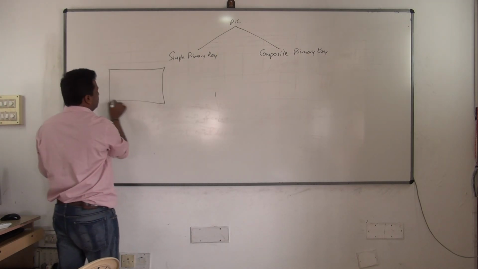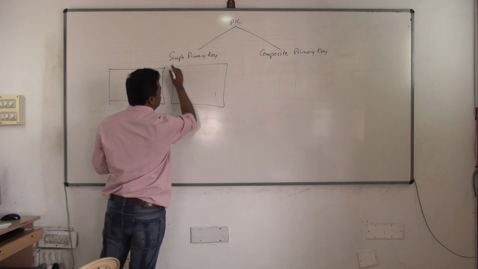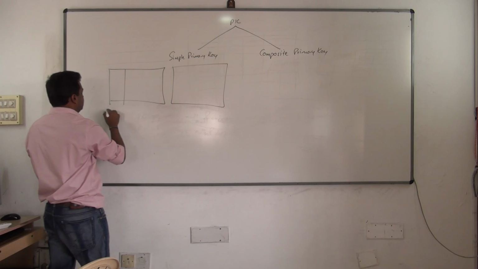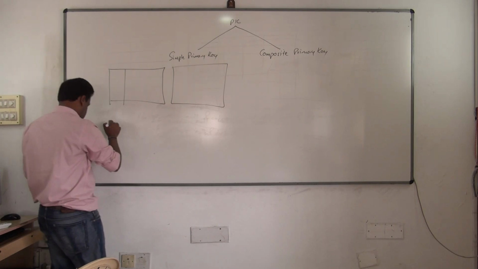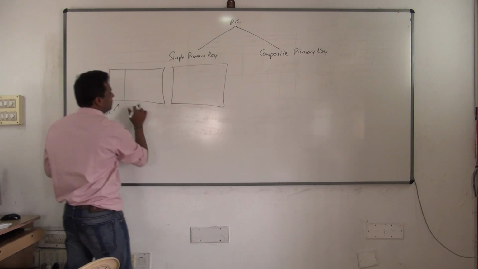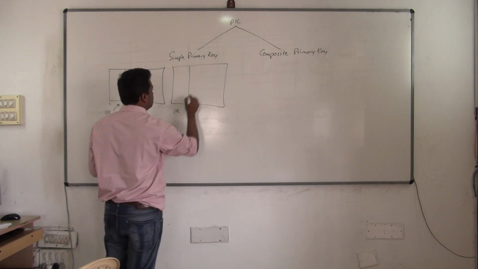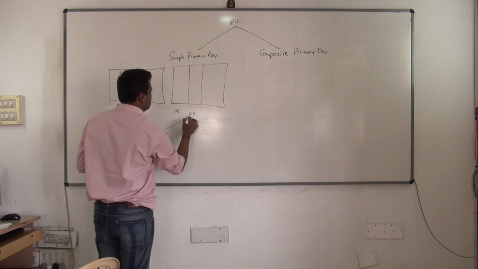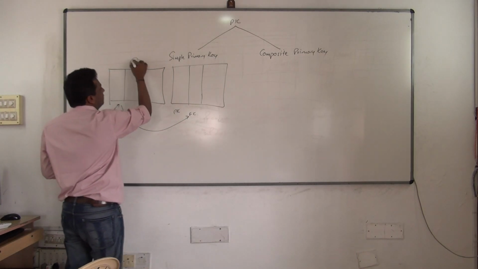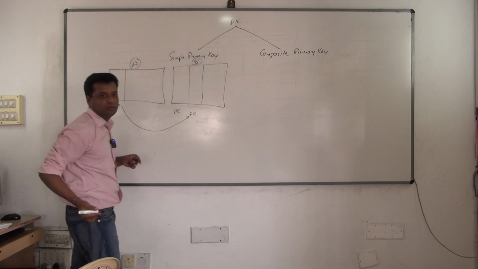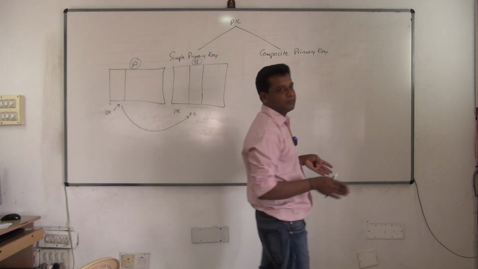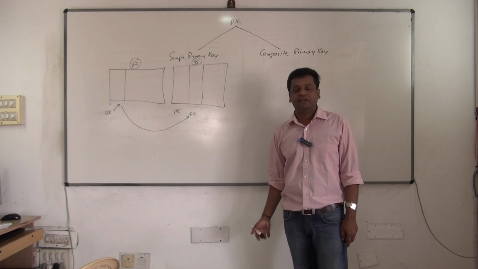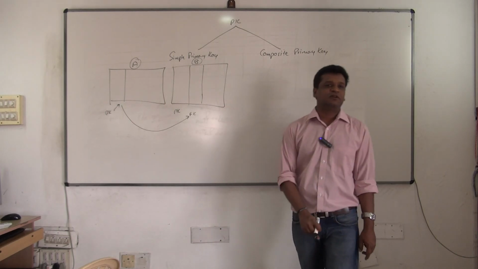Just see this. So this is A table, this is B table. Some two tables are there. In A table you have got a primary key. The same column if you use it in other table, B table, it will become foreign key.